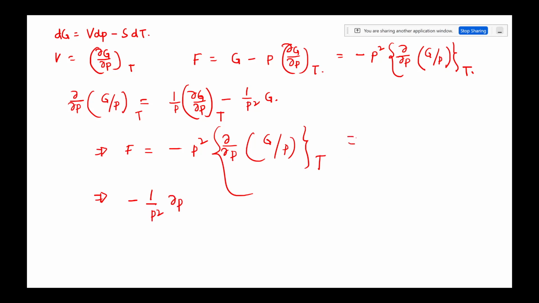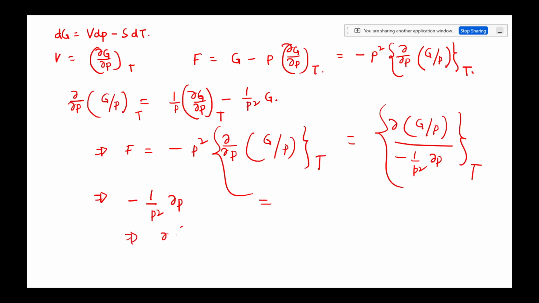So let me write it in terms of this. So del of G by P divided by minus 1 by P square dP, and the whole thing is at T. You can write it because there is no T. Now what is this thing?